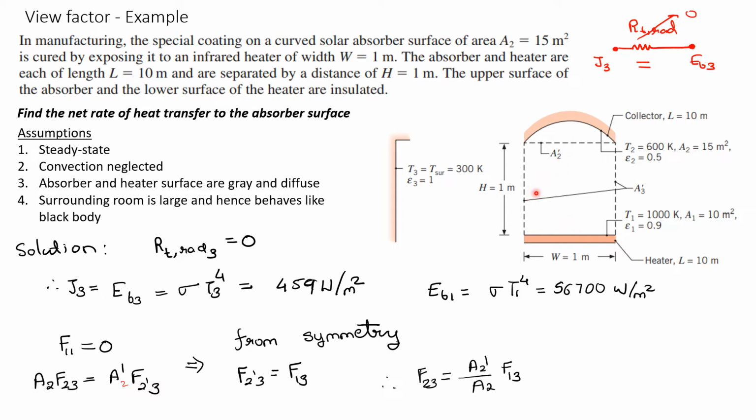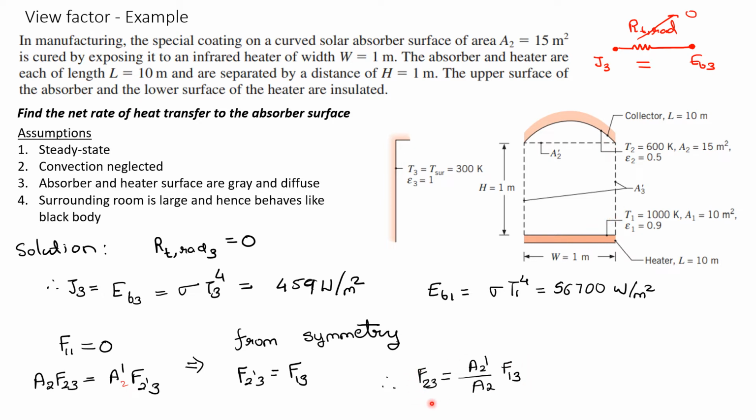Because our dashed surface is a square, we can say F2 prime 3 equals F13. So F2 prime 3 is what is intercepted by these two lines, the radiation emitted by A2 dash and intercepted by A3, and F13 means radiation emitted by 1 and intercepted by A3. They'll be equal.